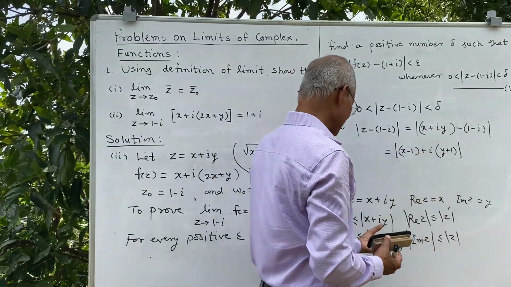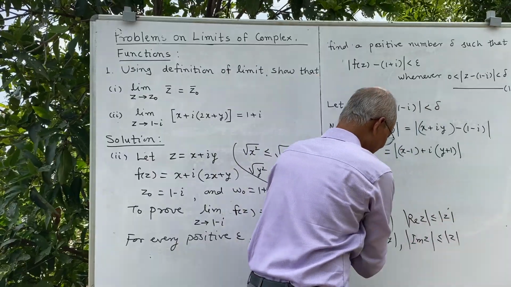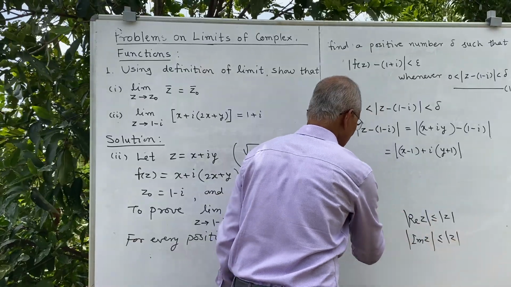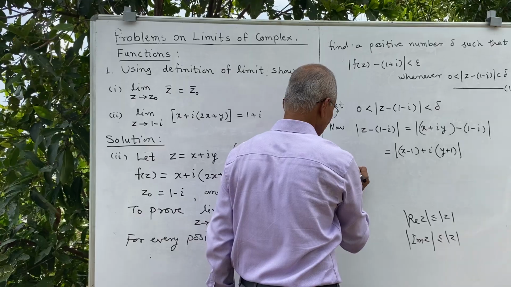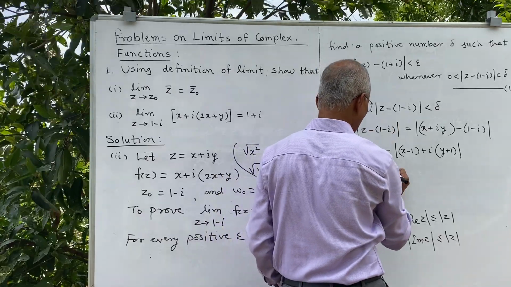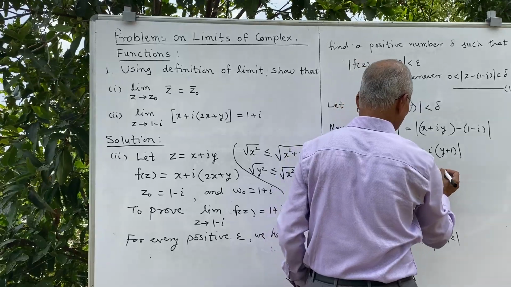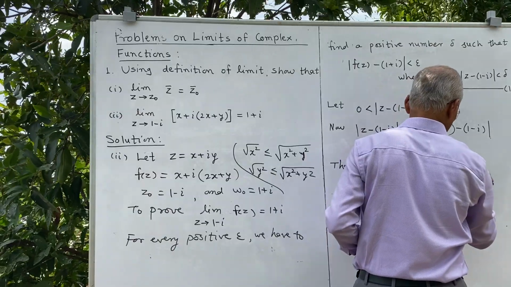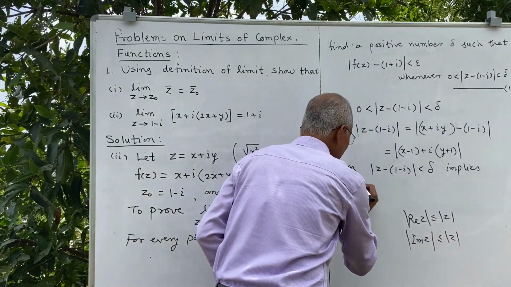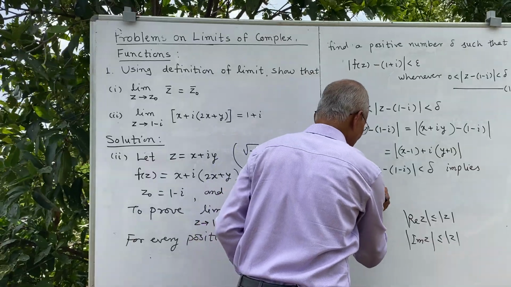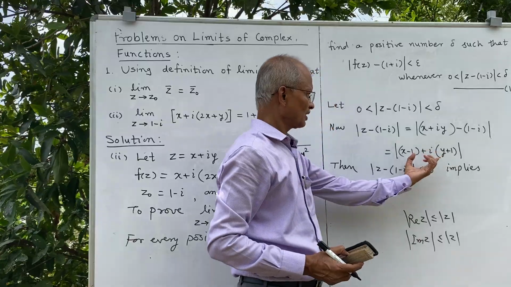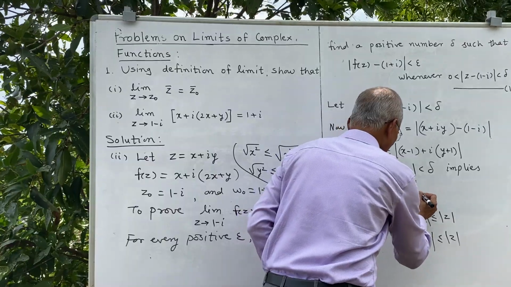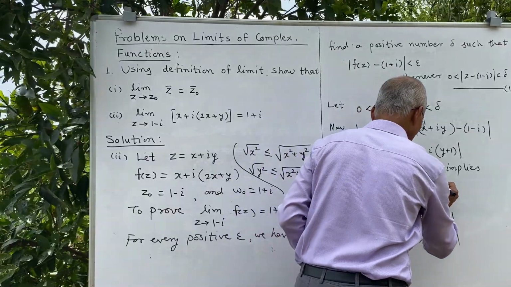So therefore, mod of x minus 1 according to this real z, we may write this as: since mod z minus 1 minus I is less than delta, this implies the absolute value of x minus 1 is less than or equal to this whole real number, mod z minus 1 minus I, and this is less than delta.